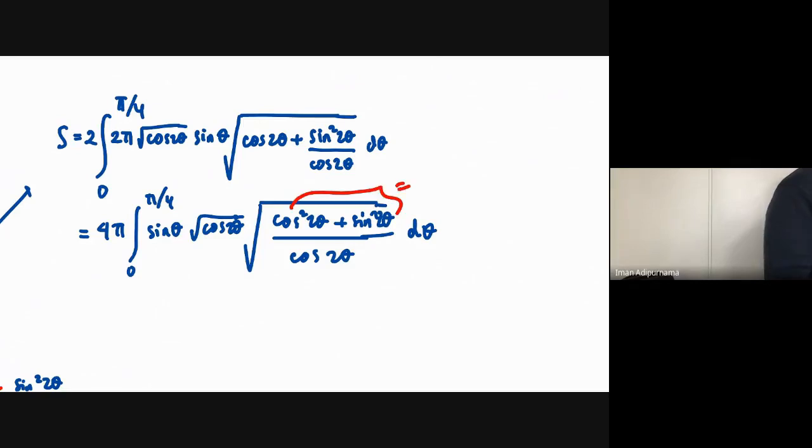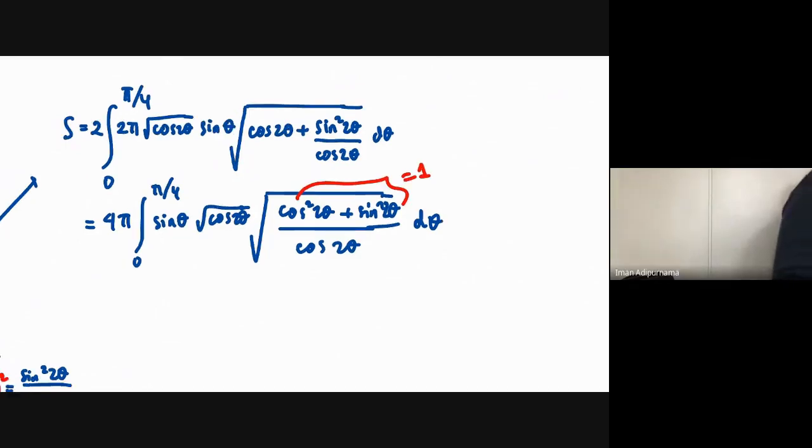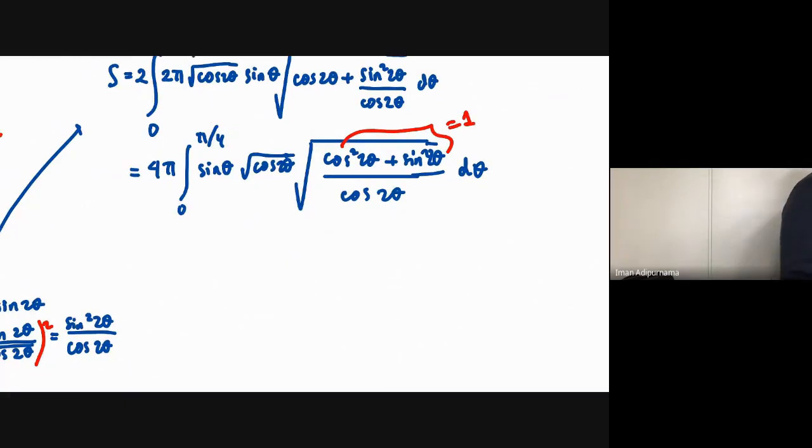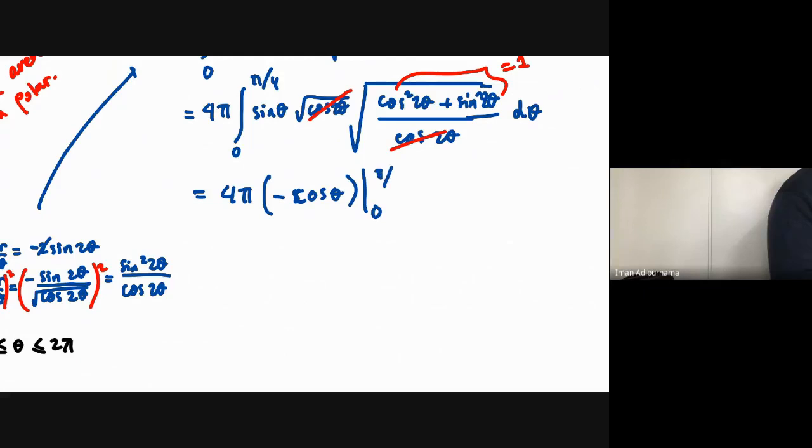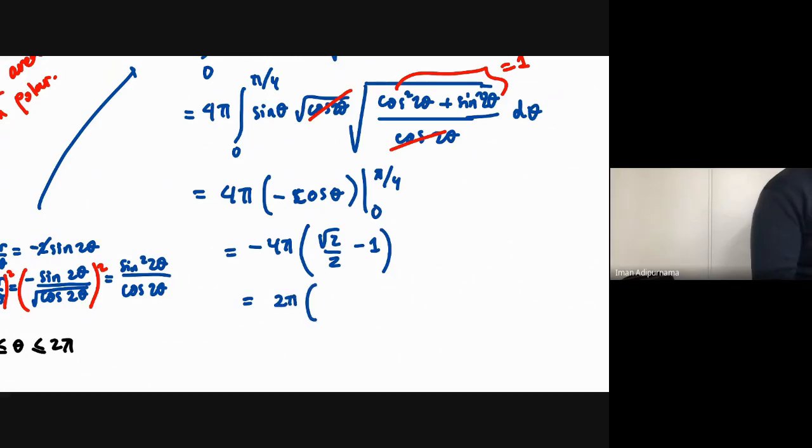The top one equals 1, right? And the bottom one is just square root of cos 2 theta, which you can cancel. So it's just integration of sine theta, right? So 4 pi multiplied by negative cos theta from 0 to pi over 4. So this is the answer.